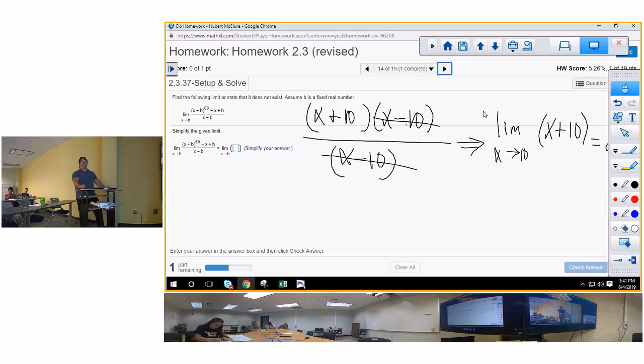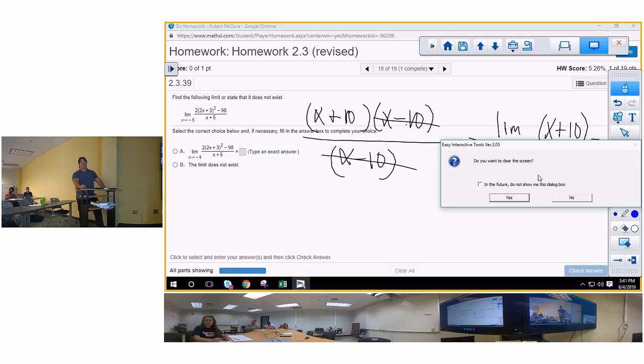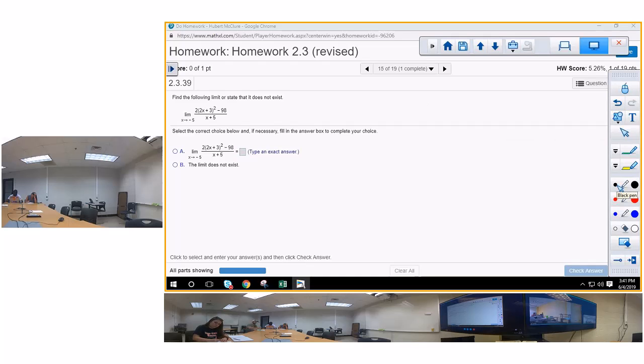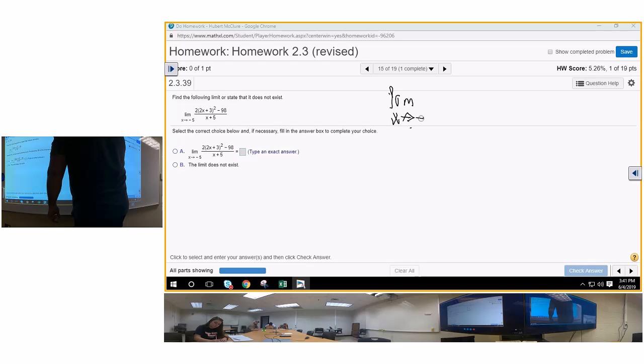I'm trying to get to test questions. Okay, here's a test question. I want you to do this one. I'll write it on the board for those that sit in the back of the room. So, limit as x goes to negative 5.